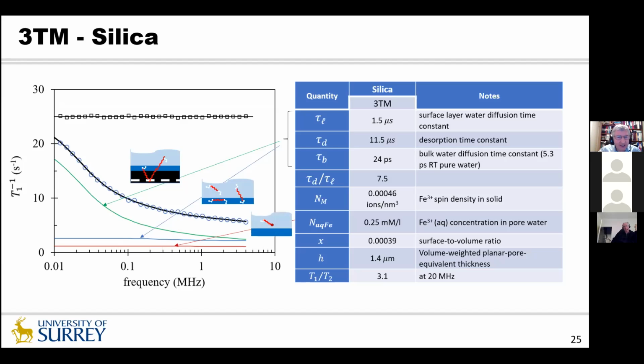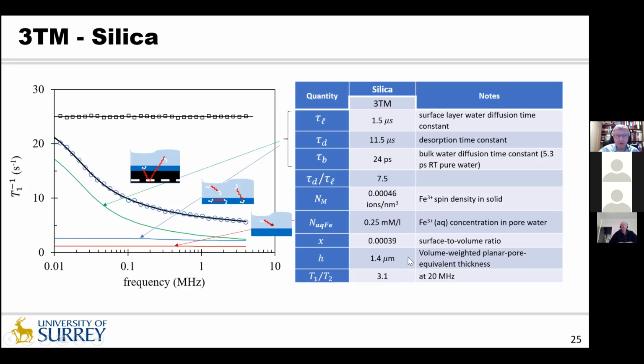What you're seeing here is actually a dispersion curve obtained from a completely separate project involving Dermot Brougham in Dublin and his team, and also one of our students, Ursh Eistock, has been involved in this as well, on aqueous paramagnetic ions, and we've just used that data here. That's really not important. It's just a flat offset that we've added in here to get this, again, supremely high quality fit.